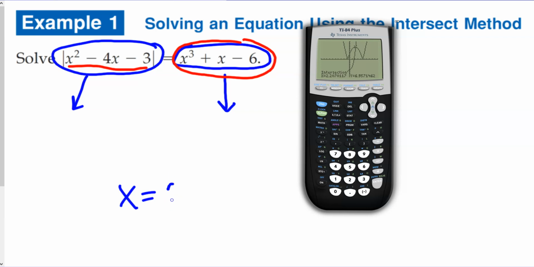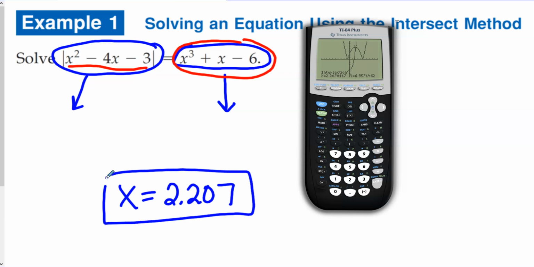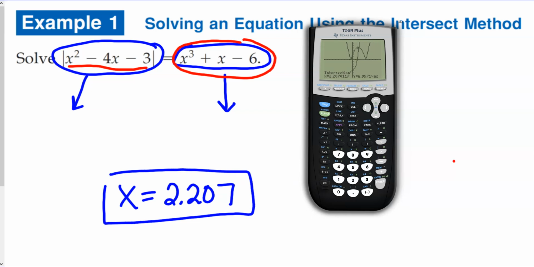So my solution is 2.207. So if I were to put 2.207 back into both sides of this equation, both sides would be equal. In fact, it would be equal to this y coordinate over here, which is 6.95 something.